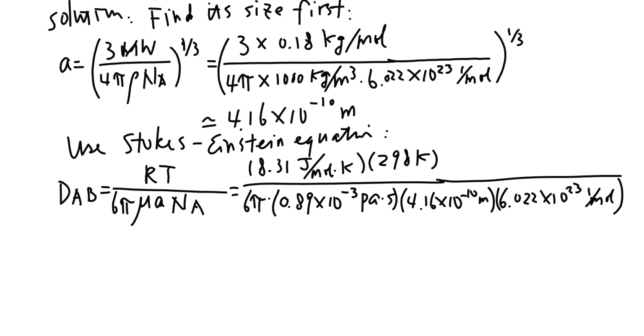So you're left with meter squared per second, which is exactly the correct dimension for diffusion coefficient. So that's also good. You have done some sanity check. If you work out the number, it will give you 5.9 times 10 to the minus 10 meter squared per second. Okay, that's the diffusion coefficient.